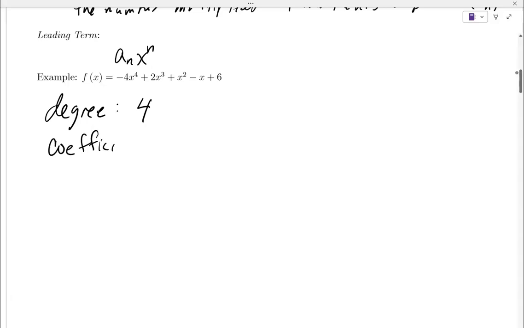What are all of the coefficients that you see? Yeah, -4, 2, 1, -1, and 6, right? On the x to the 4th term, your coefficient is -4. On the x cubed term, the coefficient is 2.